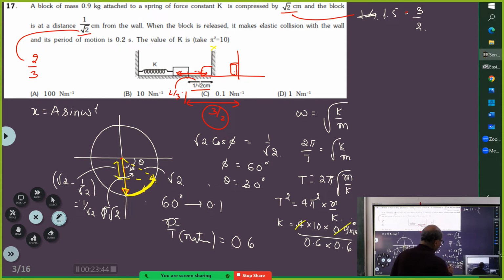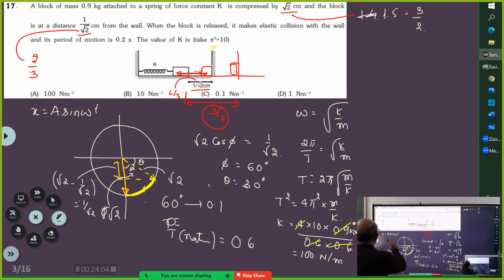So I can straight away knock off these two. So I will be left with what? 100. Yes, I will be left with 100. So the K value will be 100 Newton per meter. Do we have this option? Yes, we have this option.